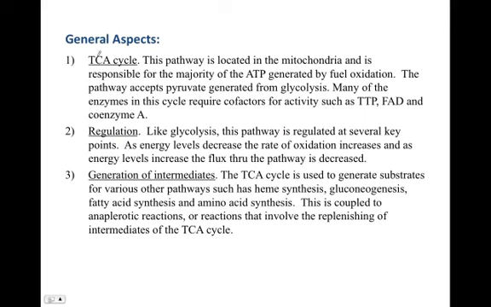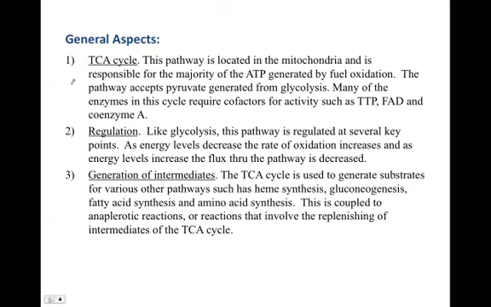So in summary, the TCA cycle we've seen is a pathway located in the mitochondria that oxidizes acetyl-CoA to generate fuel. It requires thiamine pyrophosphate, FAD, and coenzyme A. Its regulation is at 3 critical points, and energy levels, or the levels of NADH, are crucial to the regulation of those enzymes.